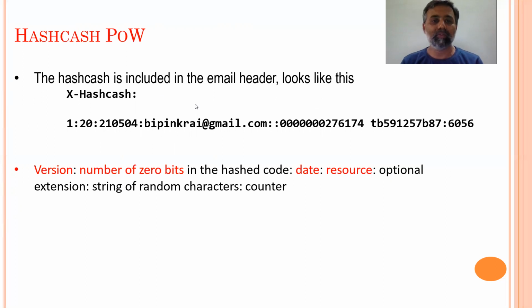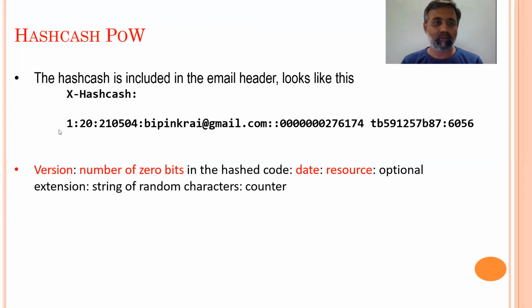So I have taken an example. The hashcash is included in the email header, and it looks like this. The general format is the version, then how many bits we want.